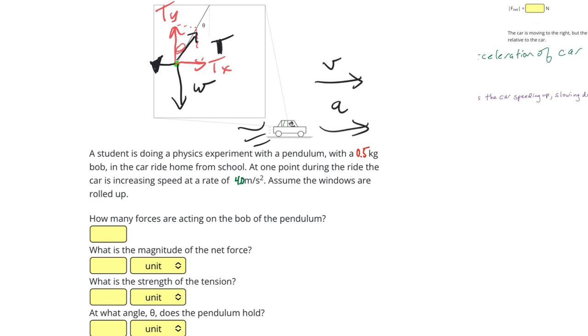So our job is to find how many forces are acting on the bottom of the pendulum. Like I said, this force right here is not really a true force. That's the apparent force. A-P-P-A-R-E-N-T, apparent.